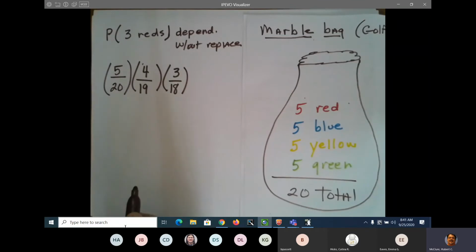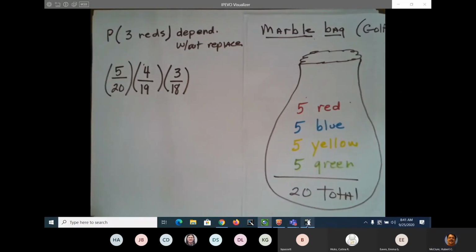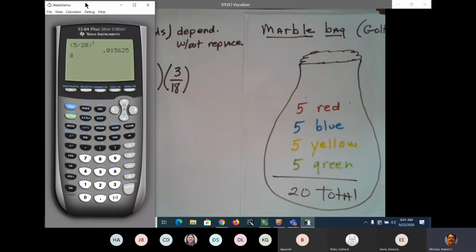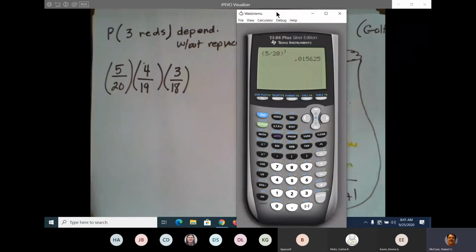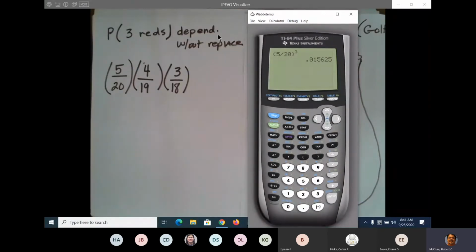All right. So now I'm going to take my handy dandy calculator and I'm going to do this. I'm going to have to do it the long way because there's no way to do it the short way. So here we go.